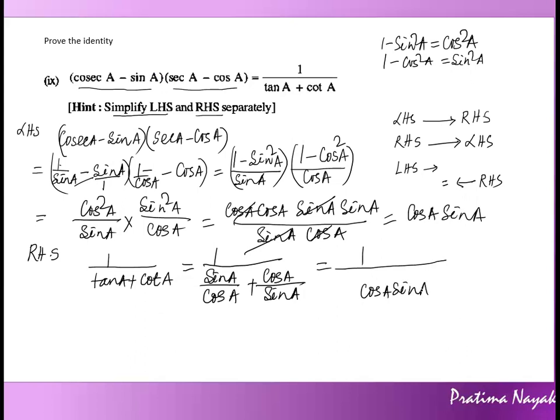I am simplifying the denominator. Sine A will be multiplied to the first term, sine square A, and cos A will be multiplied here, so it will be cos square A. Sine square A plus cos square A gives you 1, and this cos A into sine A will go to the numerator. So it will be cos A into sine A whole upon 1.